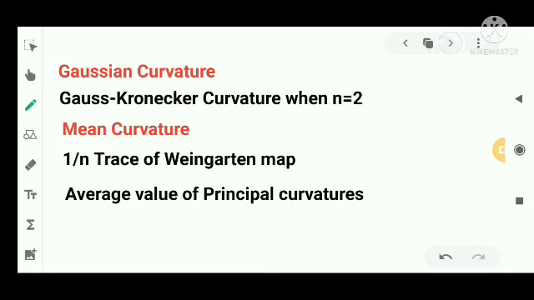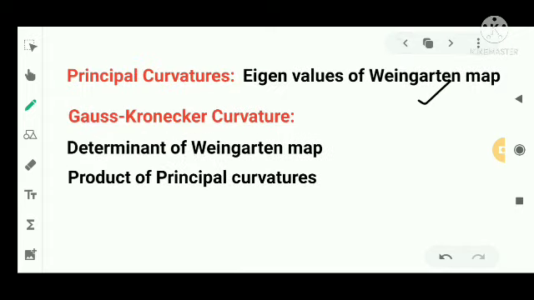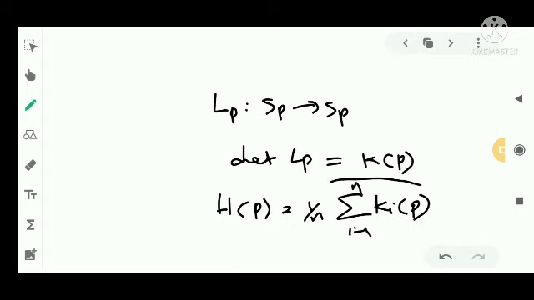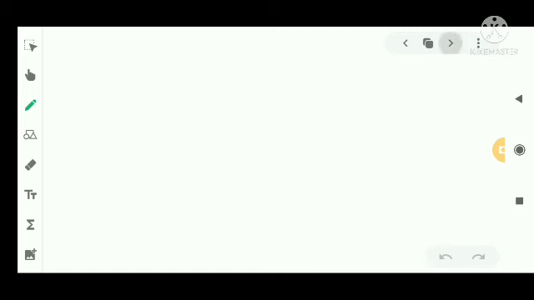Gaussian curvature is the Gauss-Kronecker curvature when n equals 2. Mean curvature is 1/n times the trace of the Weingarten map, or, another way to say it, the average value of principal curvatures, that is, 1/n times the sum of principal curvatures.